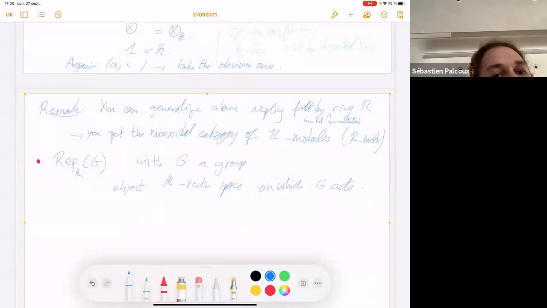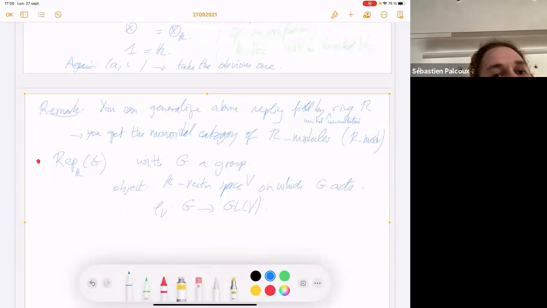So you can draw it like that: V, and a map from G to GL(V), the group of invertible linear transformations from V to V. So a K vector space V on which G acts.